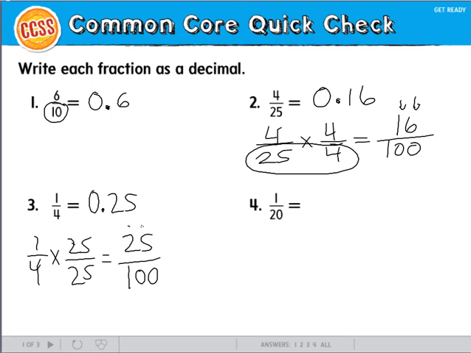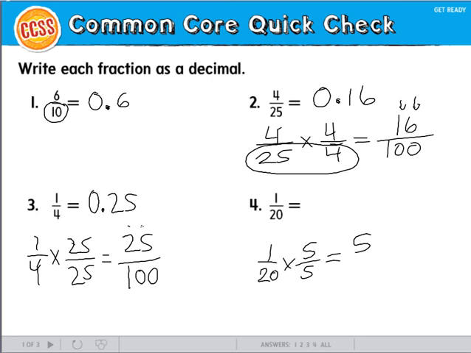Okay? And our last one, 1/20th. I can't change 1/20th into a decimal directly because 20th isn't a place value. So 20 is already larger than 10. What do we multiply by? By 5. There we go. So we're going to go 1/20th times 5 over 5.